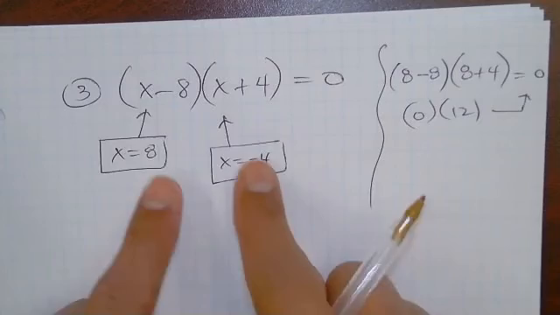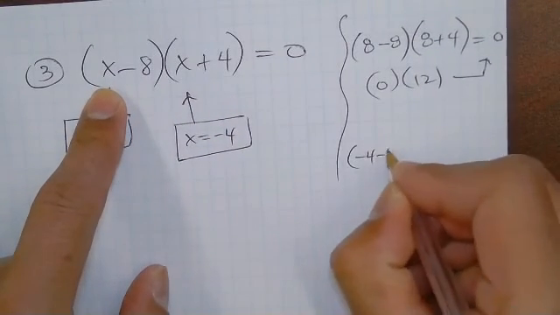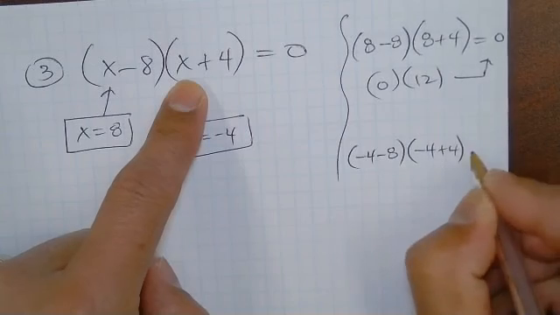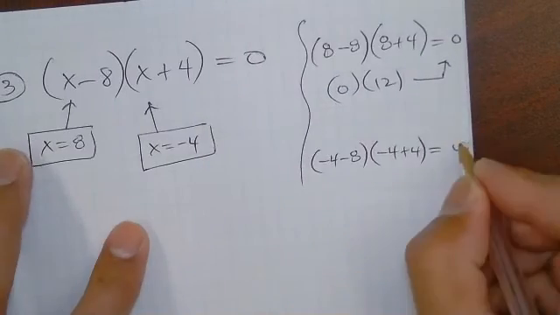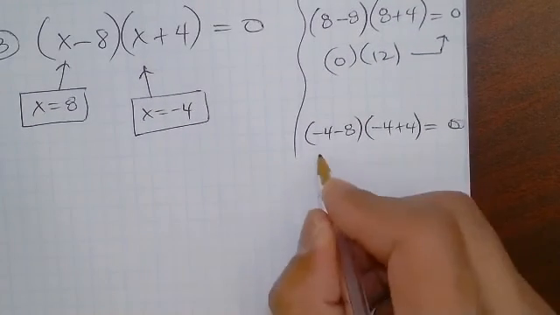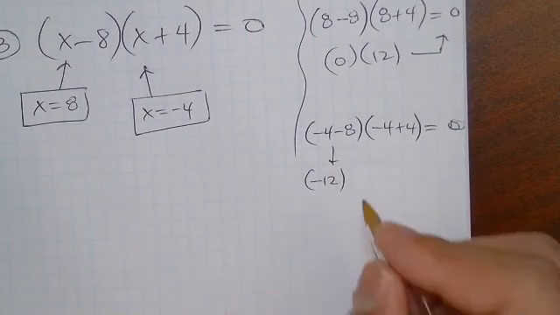Now, what's going to be the other possible value of x that'll make this a 0? Negative 4. Then I put negative 4 here for x and try it right here. What's negative 4 take away 8 times negative 4 plus 4? Does that equal 0?